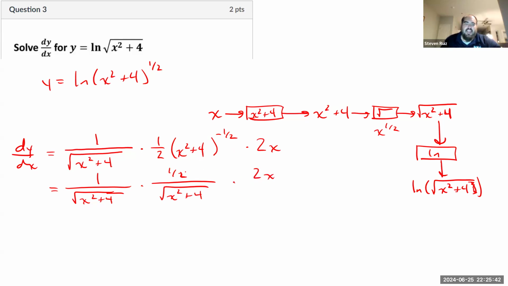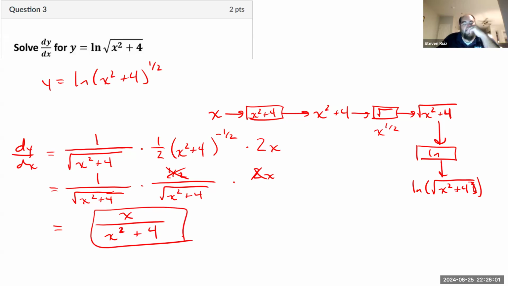So a few convenient things happen here. So I get the 1/2, which will cancel this 2. But I think all told, I get x over x squared plus 4. So, like usual, I am not showing myself the multiple choices, but hopefully something in this process looks like one of your options.